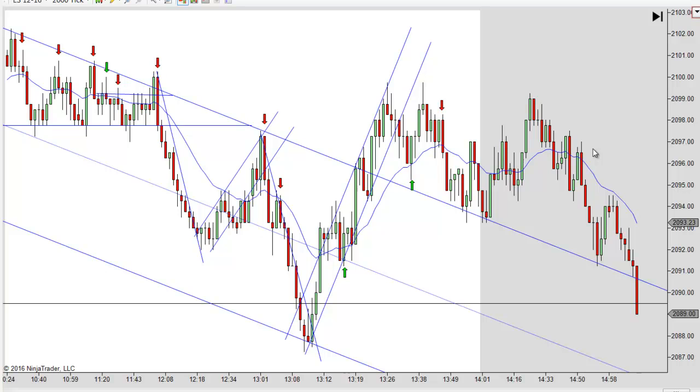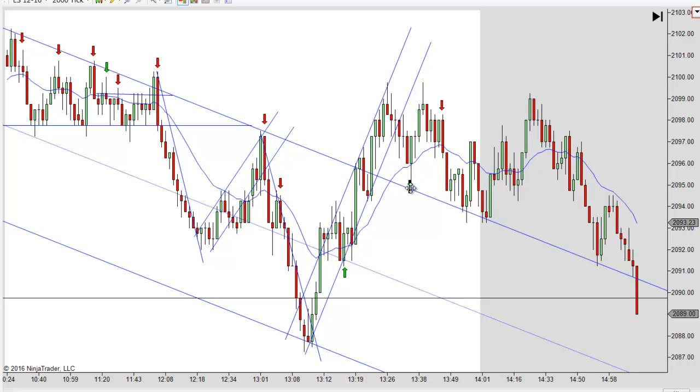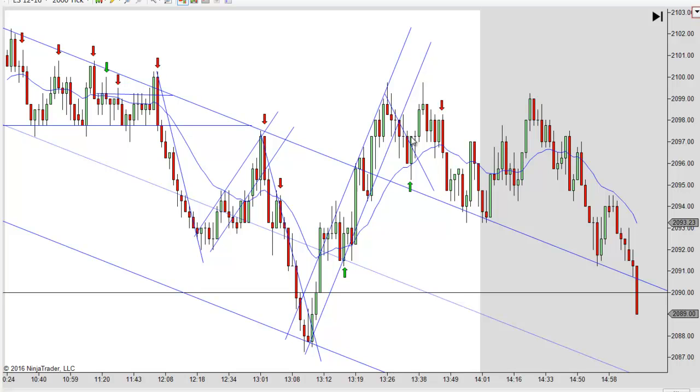So yeah, this one's borderline. You could even argue for that to be blue. I'm just not crazy about it. Also, here's another reason that I don't really like it for blue: that's your first close outside of that little short-term trend line. And so there's a good chance it breaks higher and turns down and then goes up.